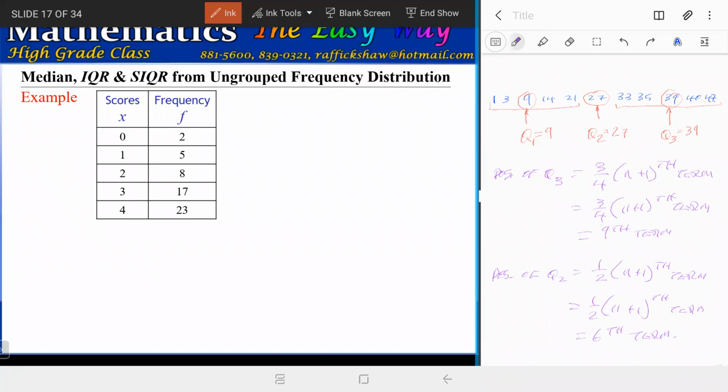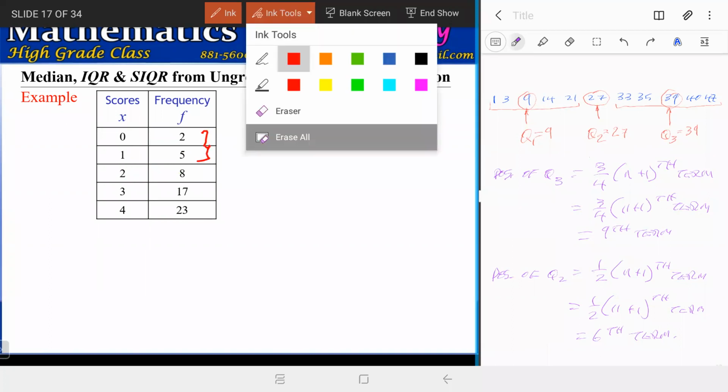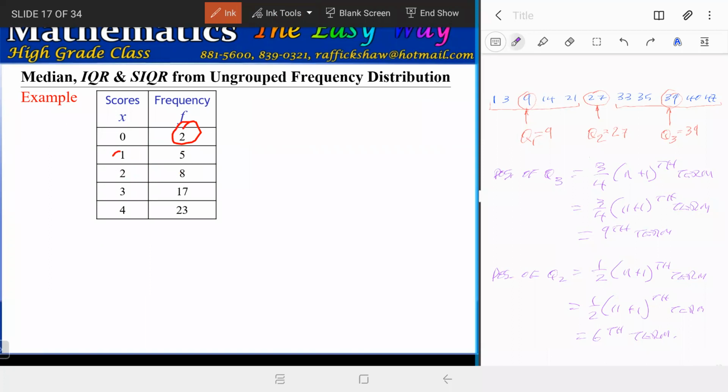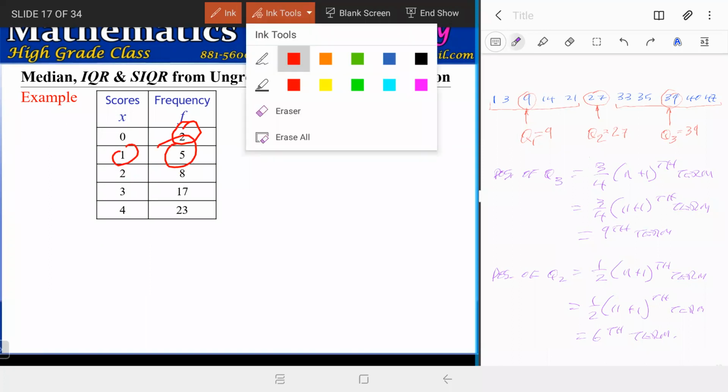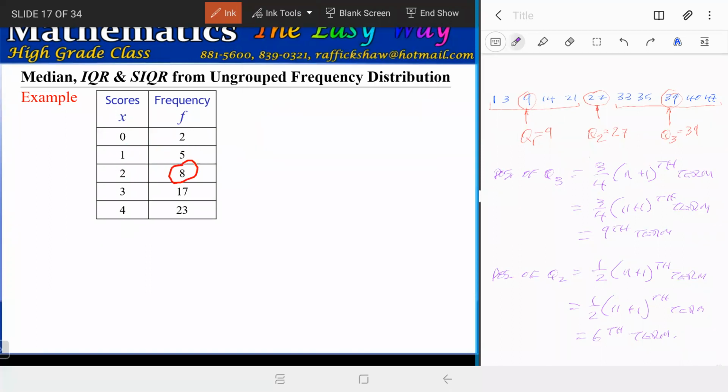But when I finish the ones, I now have a total of 5 values. When I finish with the 2s, I know a total of 7 values because I put in 2 here. And when I finish with this, I put in 5 more, and with this, 8 more.